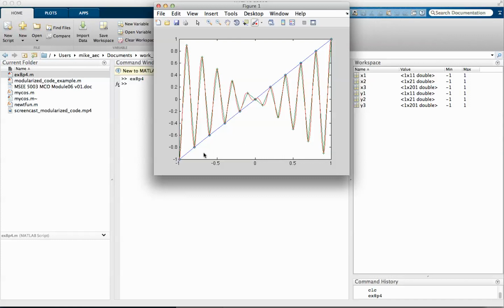And then finally, you've got the smooth curve that's going on over this interval. Now, as you'll see in the exercise, it turns out that all three sets of data were drawn from the same function.